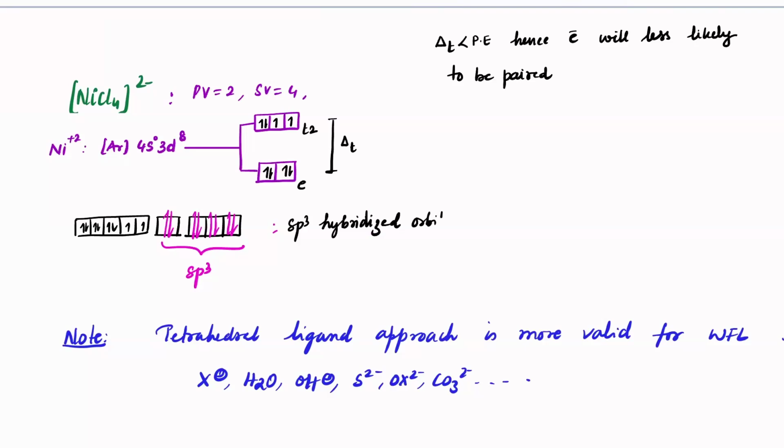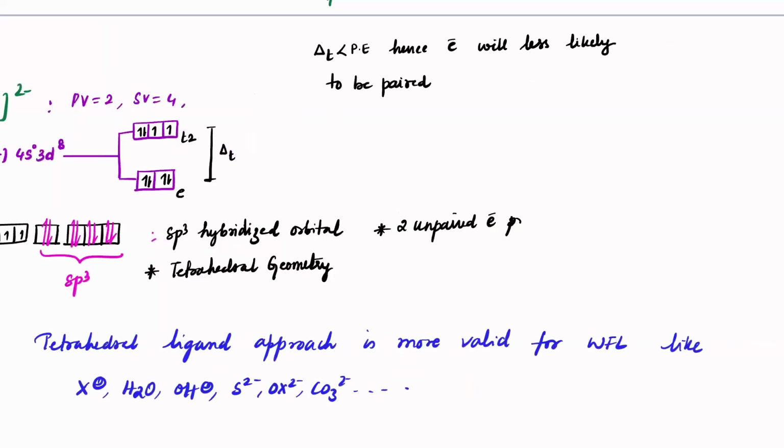Second, what is the other thing I can say? It is a tetrahedral geometry. And next, you can see there are two unpaired electrons. Now I can say precisely which orbitals they are present in: either dxy, dyz, or dxz orbitals.